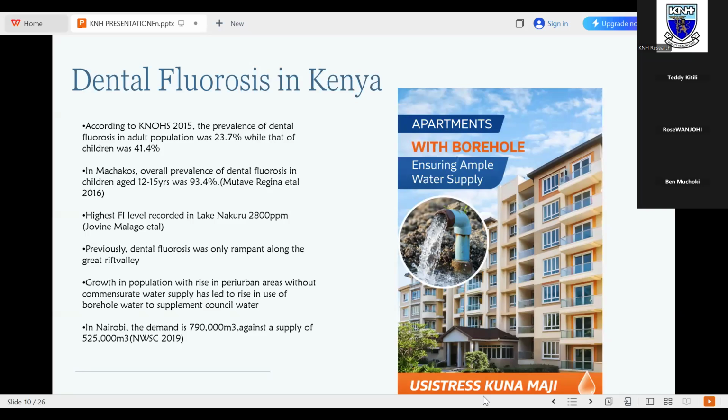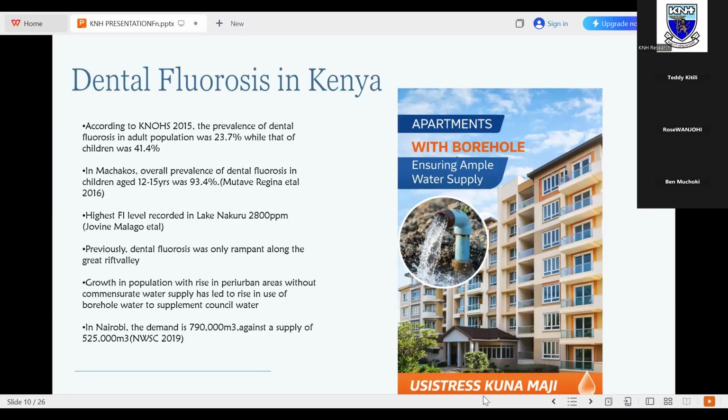In Nairobi, Nairobi Water Sewerage Company in 2019 showed that the demand of water was 790,000 meters cubed against a supply of 525,000 meters cubed. So there is definitely a deficit, and we will not run away from underground water. But the question is, what are we going to do?